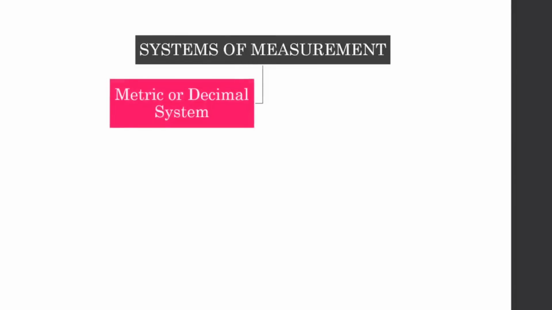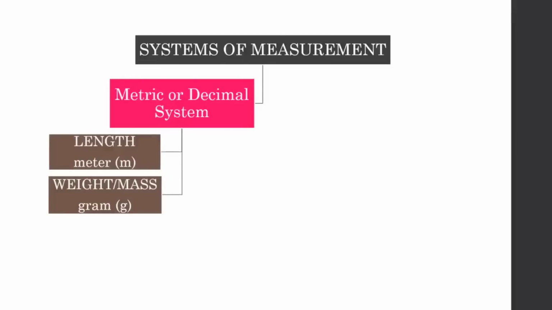Now, we have two systems of measurement. The first one is the metric or the decimal system. For length, our base unit is meter. For weight or mass, it is gram.